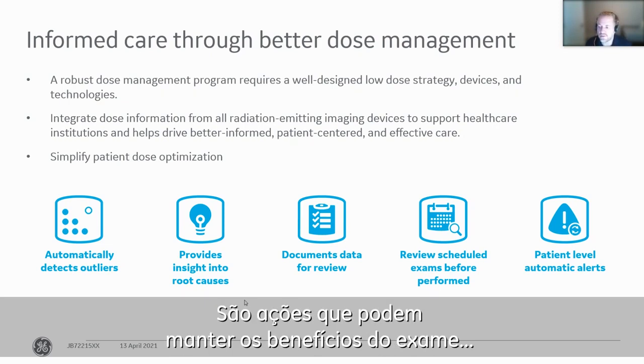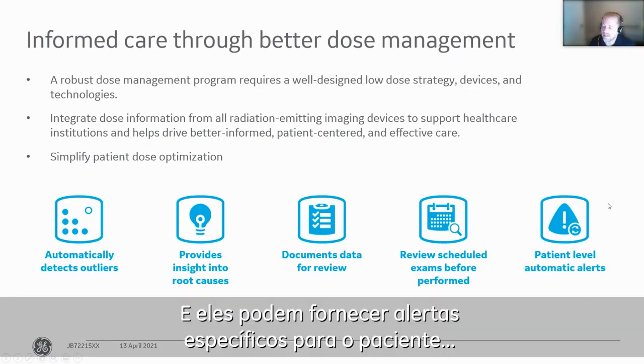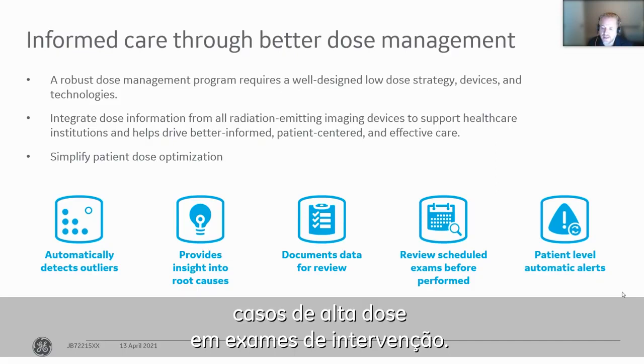Things that you can do to still get the benefit of the imaging exam but decrease risk for the patient. And certainly they can give you patient-specific alerts related to cumulative dose. And again, the example here is high dose cases in interventional imaging.